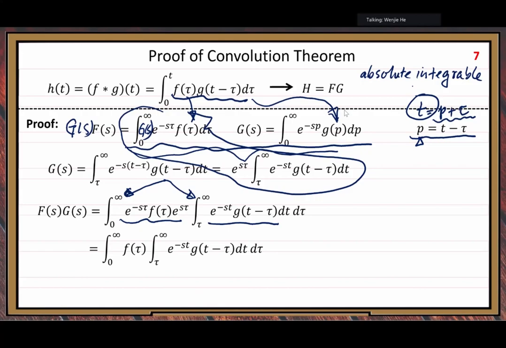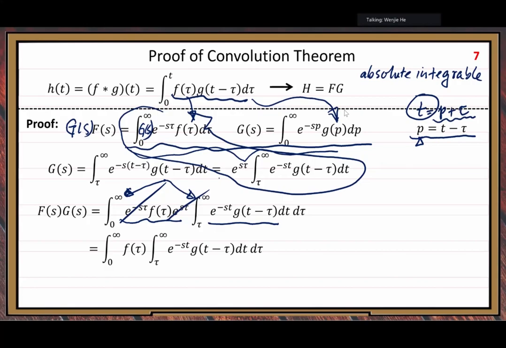So here I write another formula, a cleaned-up version, because we can simplify a little bit. This e term can be canceled out. So after cancellation, we have a clean version. For this clean version, we do the interchange.